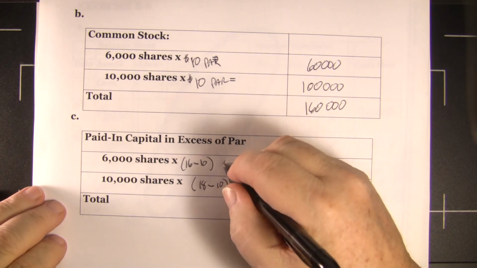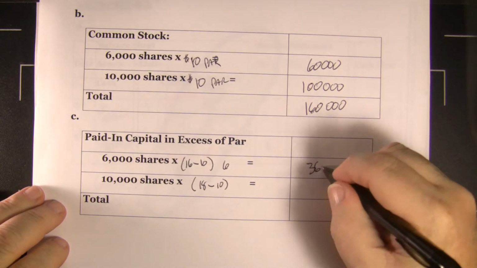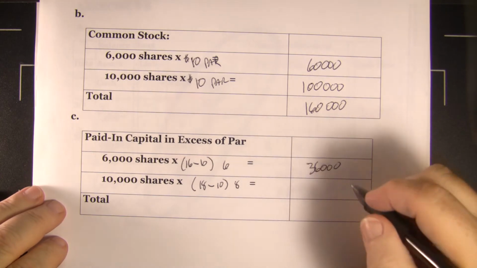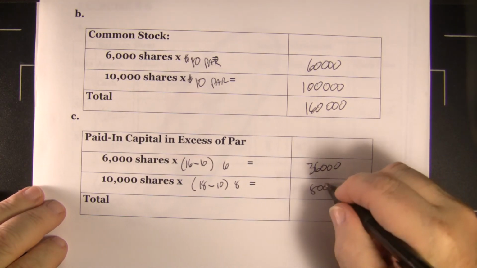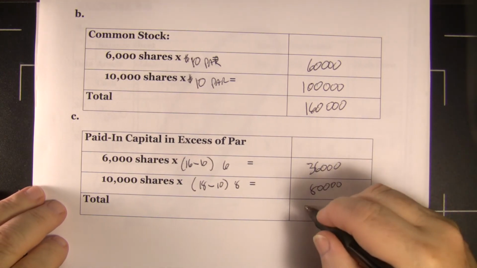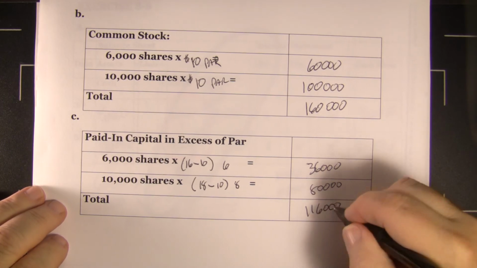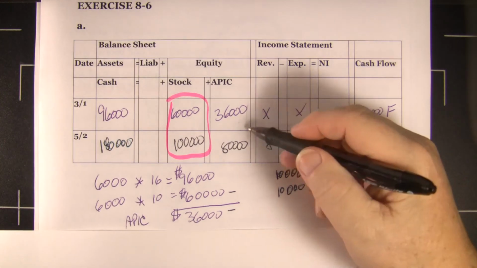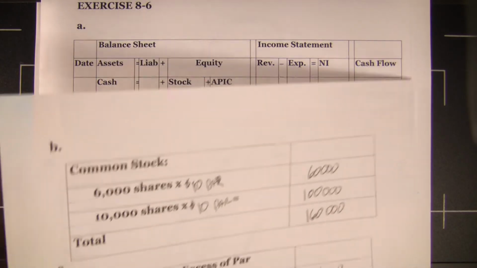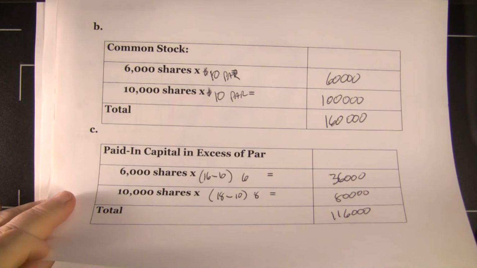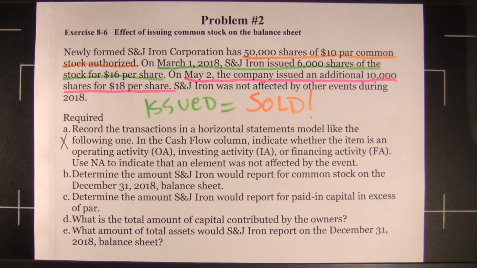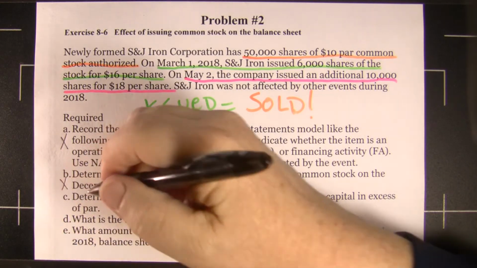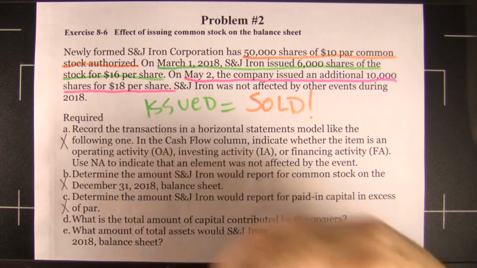So that's 6,000 times 6, 36,000. 10,000 times 8, that's 80,000. So the additional paid-in capital, 116,000. So we did that. Okay, we did B and C.